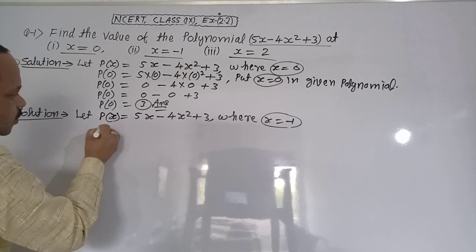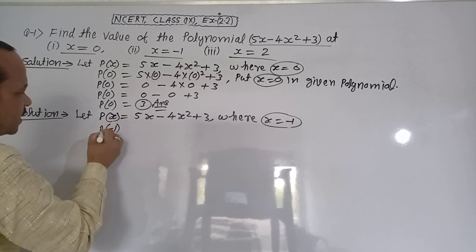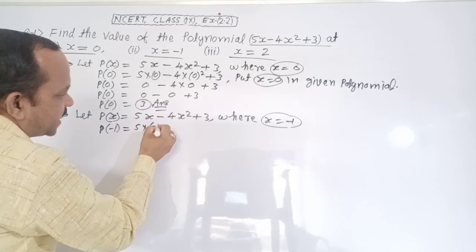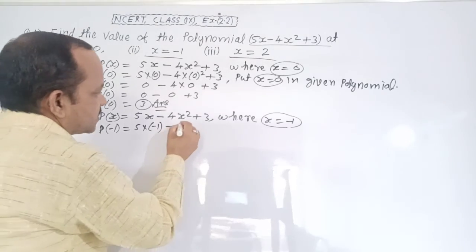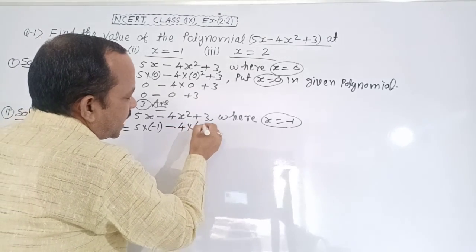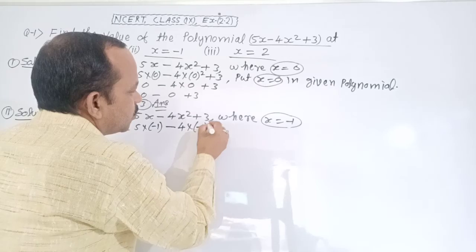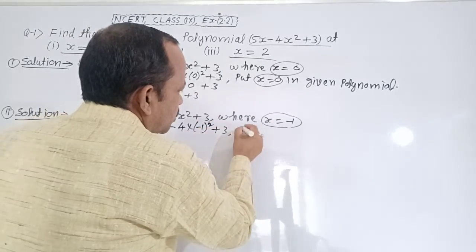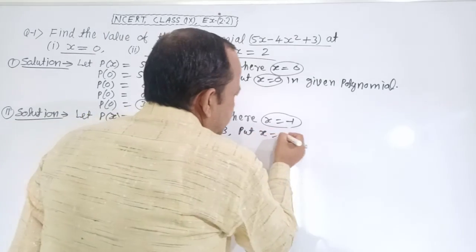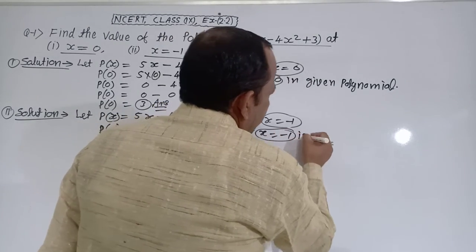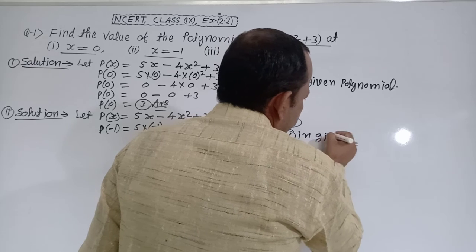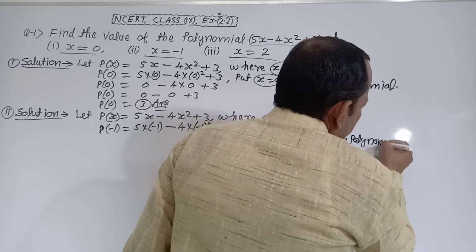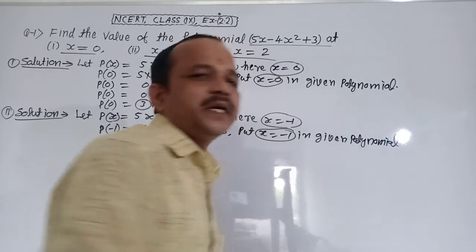Now P(minus 1) equals 5 multiplied by minus 1 minus 4 multiplied by minus 1 whole square plus 3. Put x equal to minus 1 in the given polynomial.